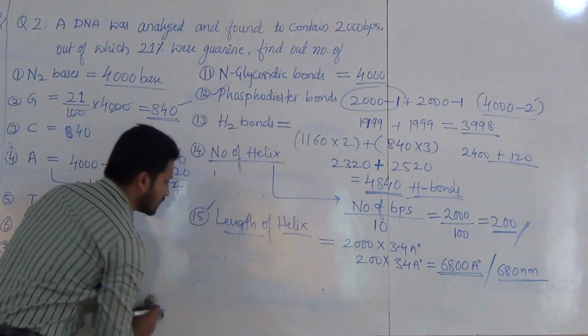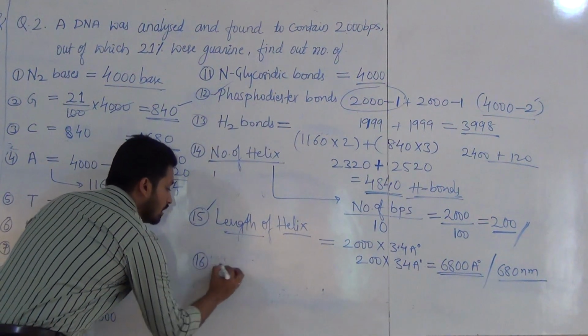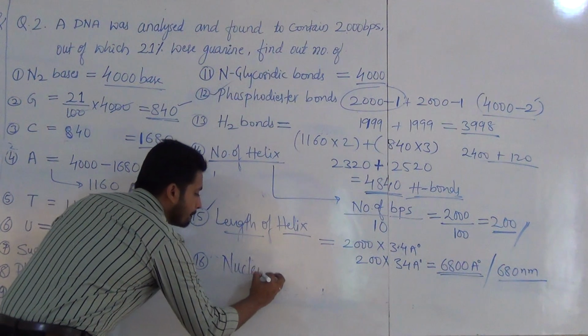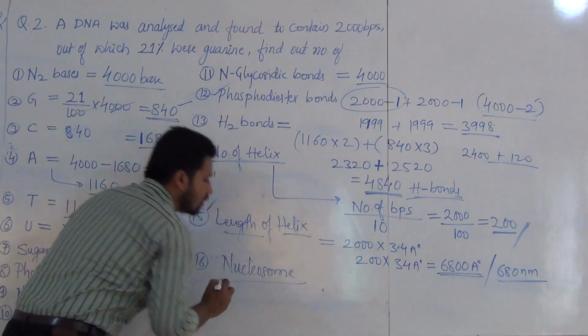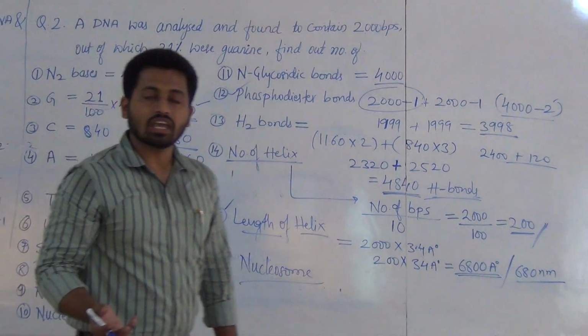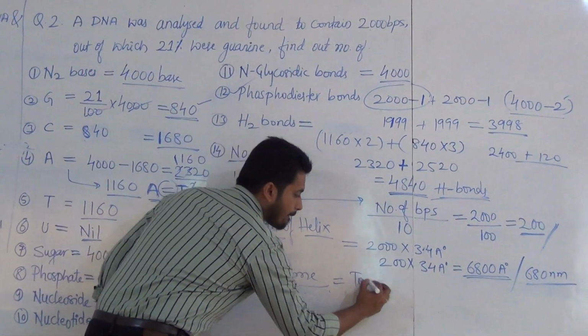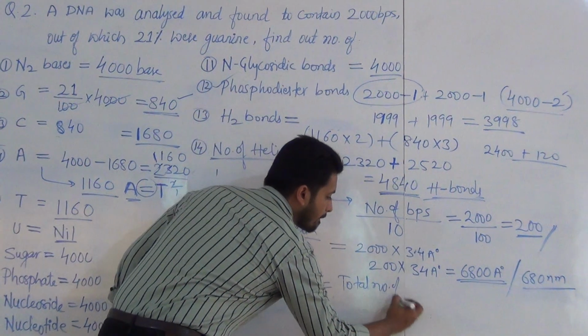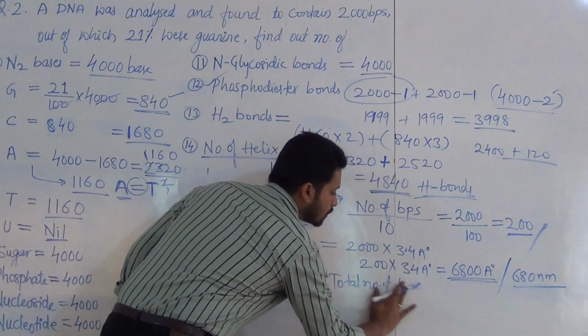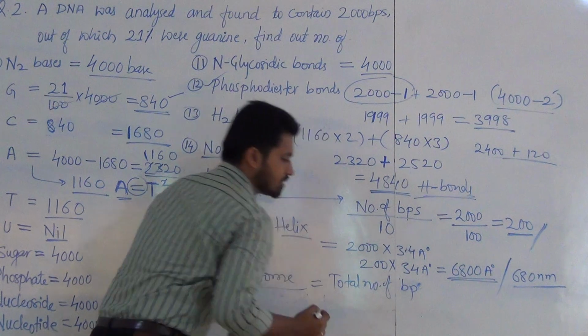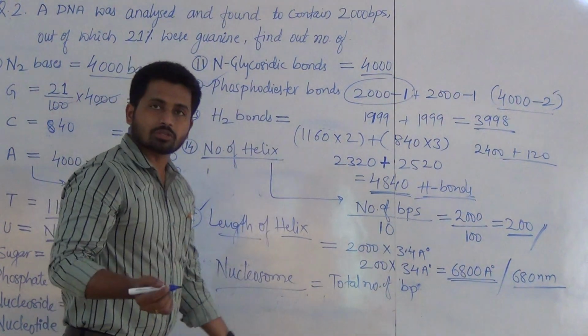For example, nucleosome. Number of nucleosome. Now how can we calculate? Okay, how many base pairs are here? Total number of base pair, that is 2000 base pairs.